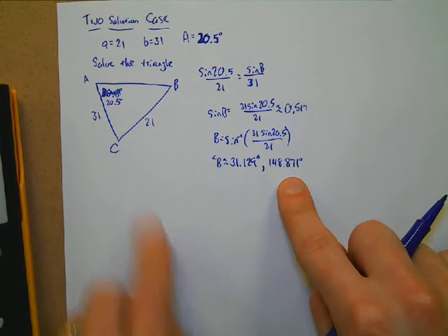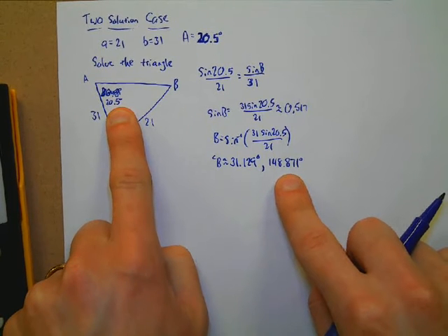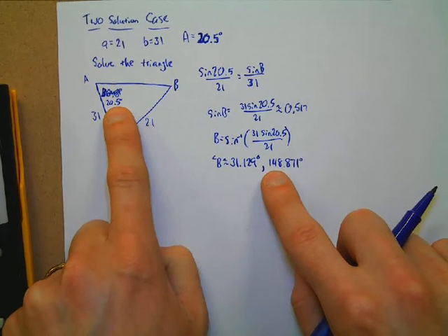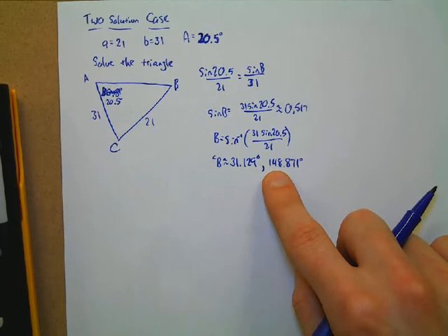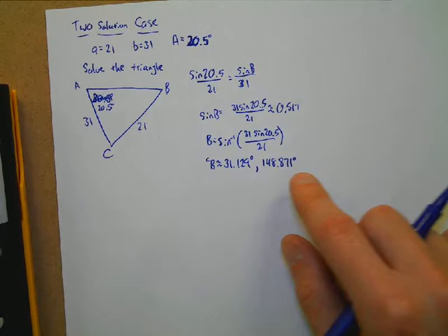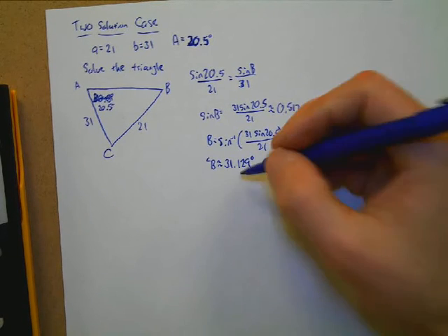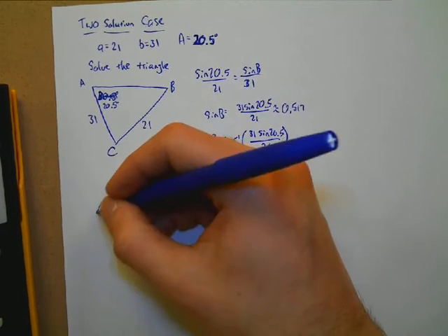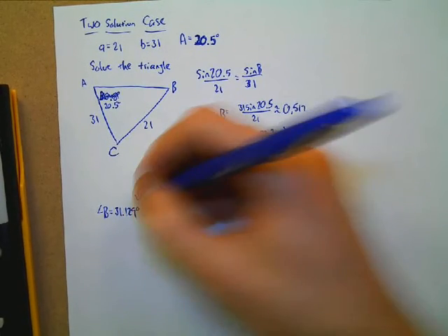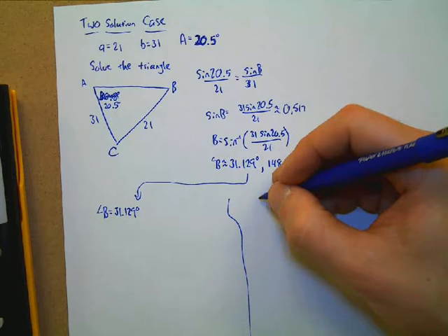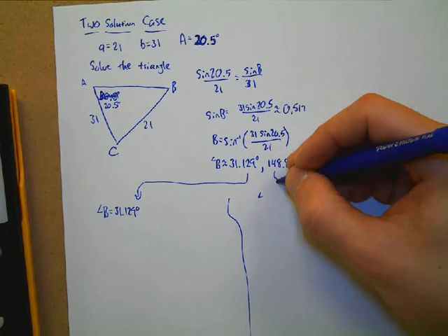So here are the two cases. Case 1, where angle B is 31.129, and case 2, where angle B is 148.871 degrees. In either case, what's going to be the next piece of the triangle that we solve for?